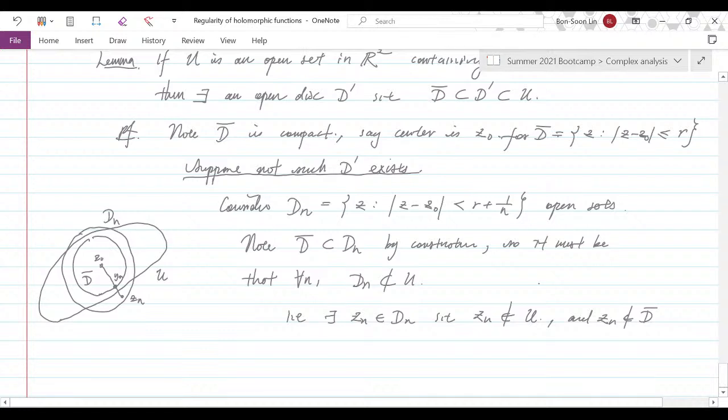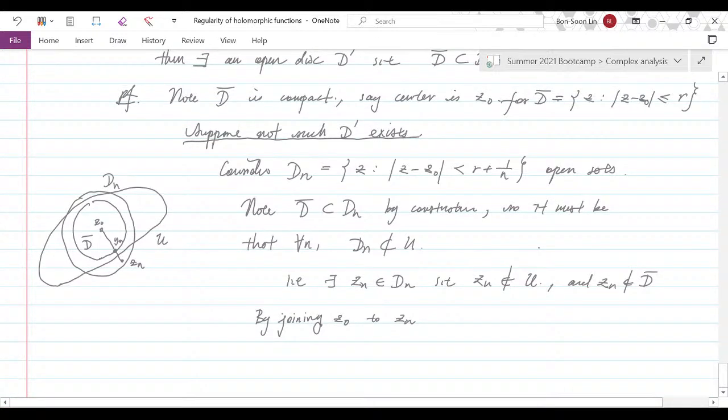So by joining the center z naught to zn, we can find some yn in the boundary of D such that yn plus some hn is equal to zn. So this hn is this distance.